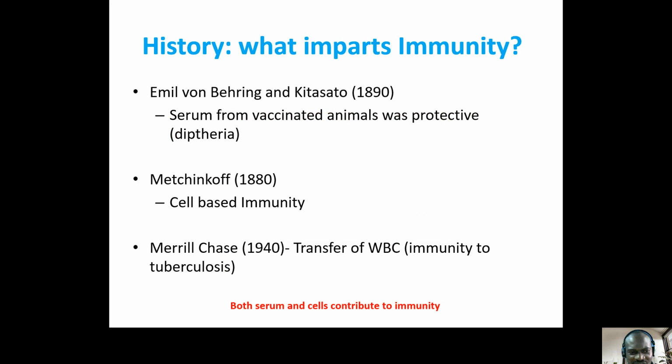As for history, what impacts immunity, you will read all this. This will be there for you. I just want to give you a simple history. The field of immunology started from the study of microbiology.